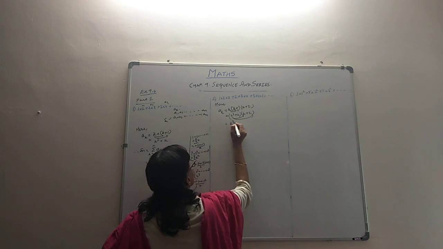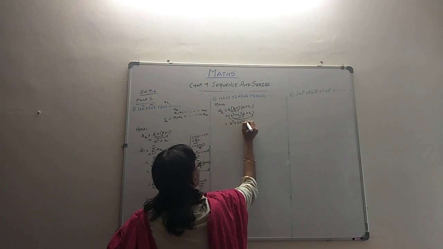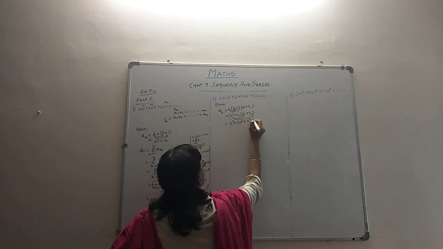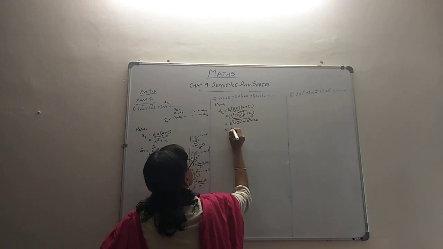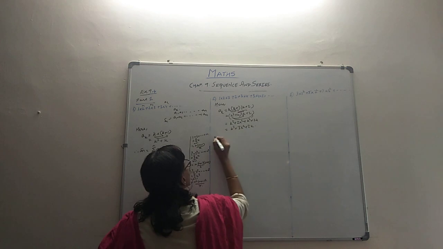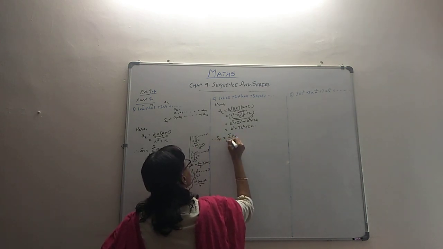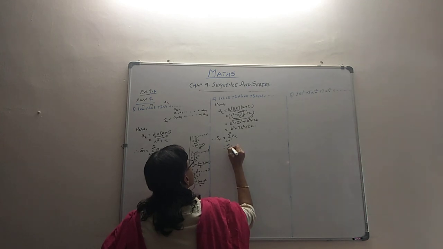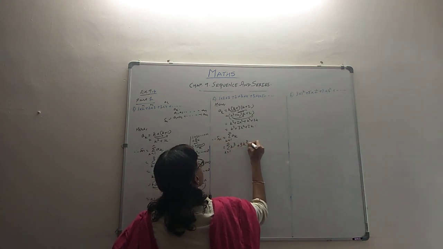This we know is k squared plus k times k plus 2. So k cube plus 2k squared plus k squared plus 2k. So it is k cube plus 3k squared plus 2k. Now what is Sn? It is summation ak, k taking values from 1 to n. That means it is summation of k cube plus 3k squared plus 2k.